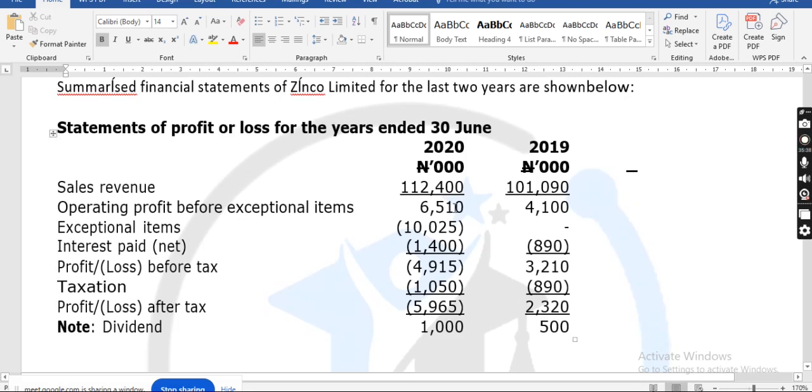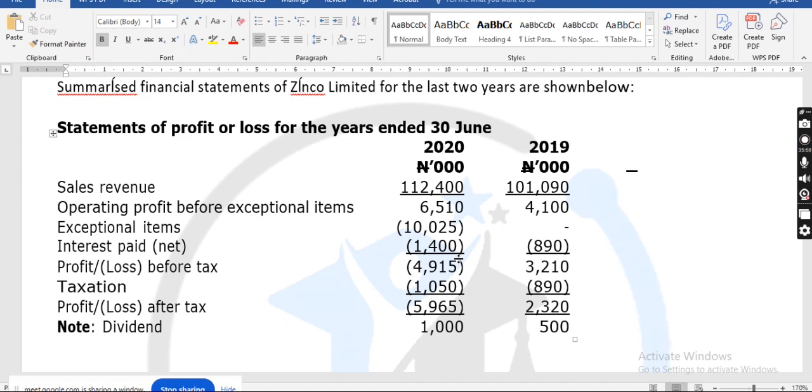Don't forget your exceptional item is 0, so you don't need to include it. The next one is interest paid. Don't forget, we were told that the interest payment will increase at the same rate as revenue. What we want to calculate is profit after tax first, before we start our free cash flow.